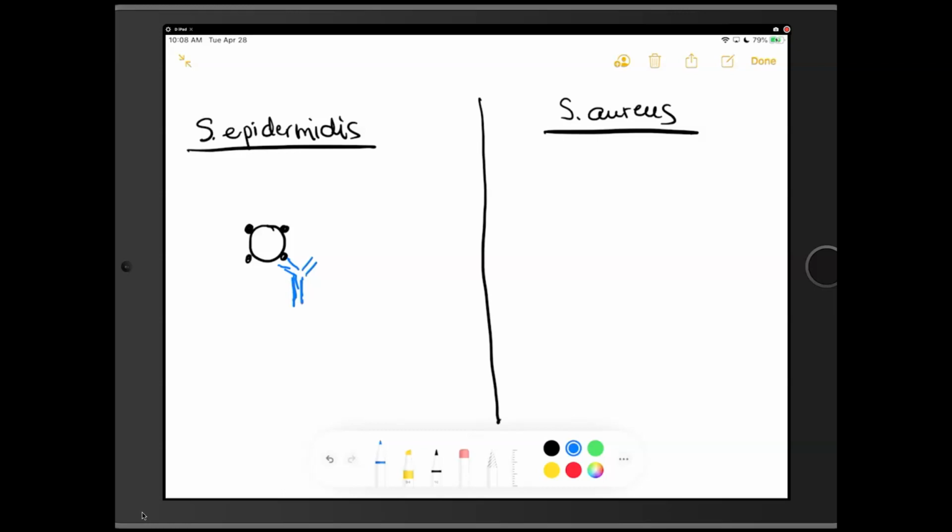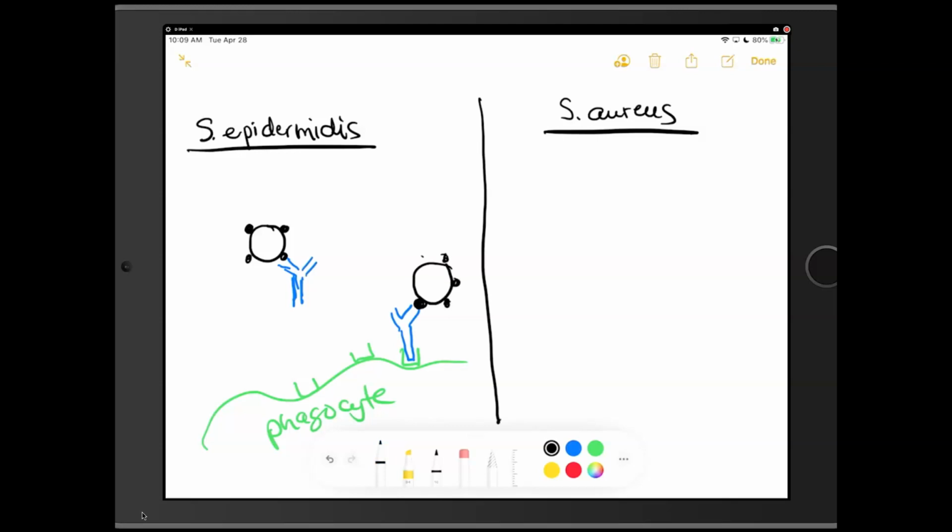Here's my phagocyte. How does the antibody bind to the phagocyte? Do you remember? The phagocyte is going to bind to the Fc portion of the antibody, correct?